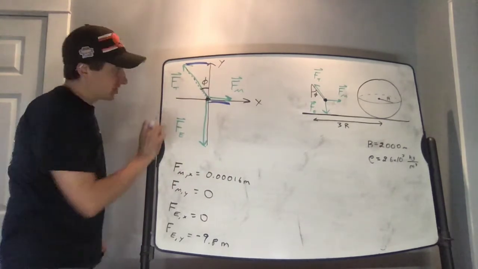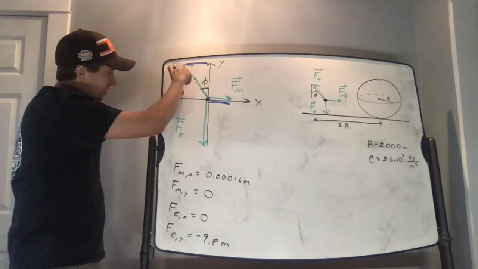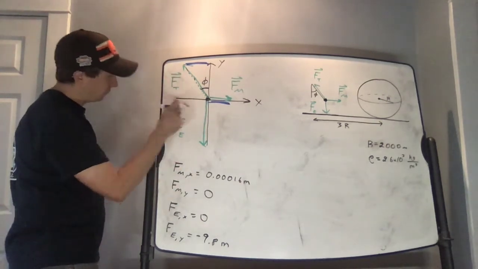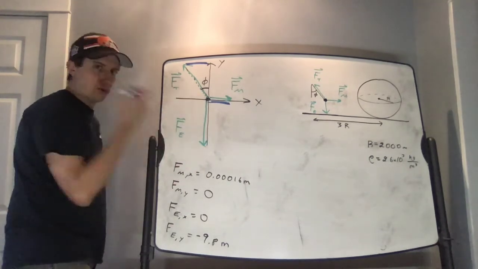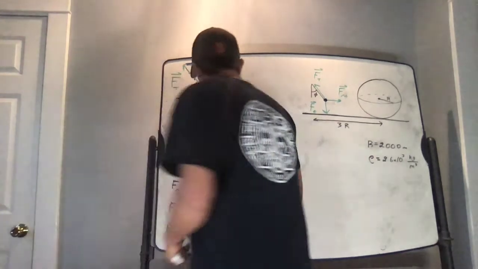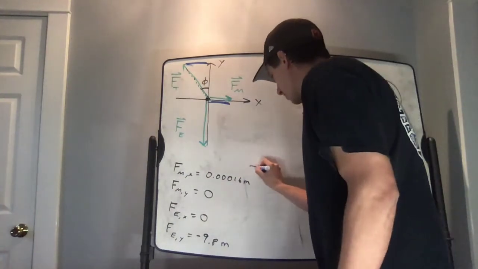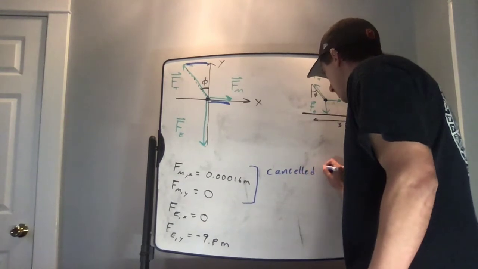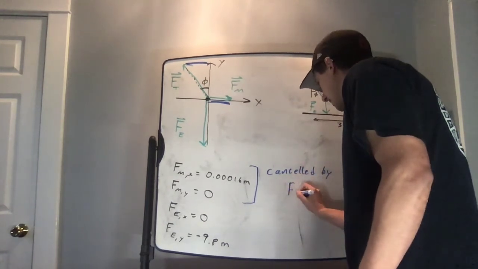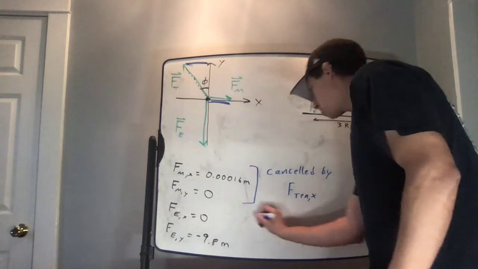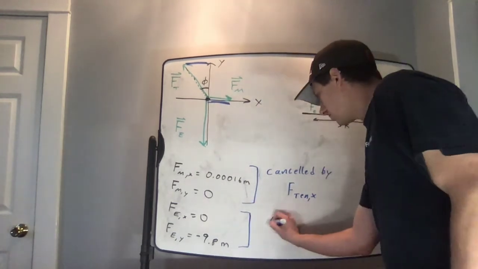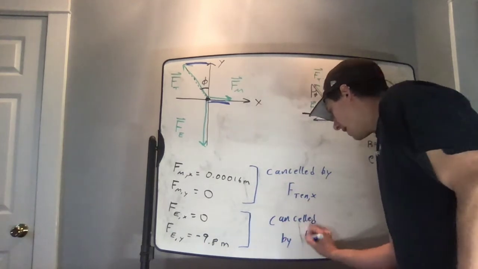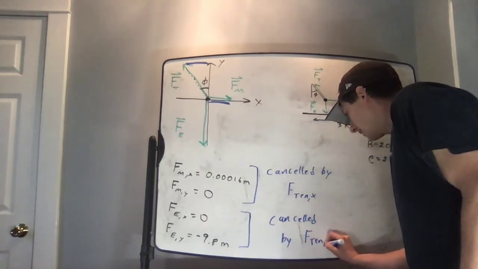And the tension force, the component of tension that pulls upward, will be canceled by the force of gravity of the Earth pulling downward. So I could think of that as this will be canceled by F tension in the x direction, and this term will be canceled by F tension in the y direction.